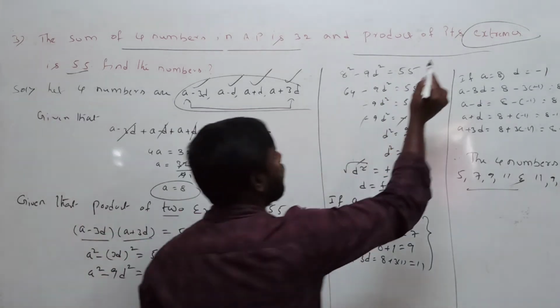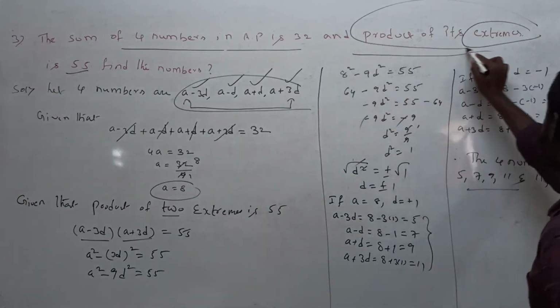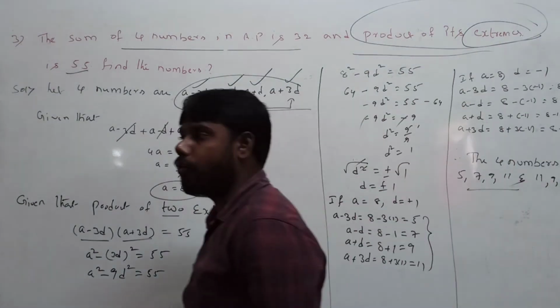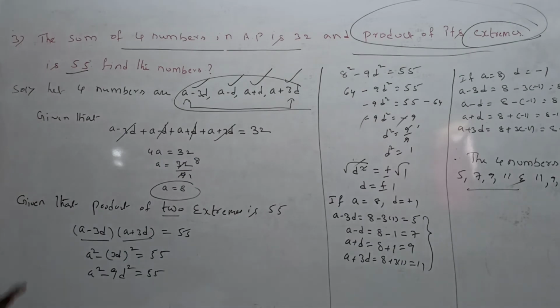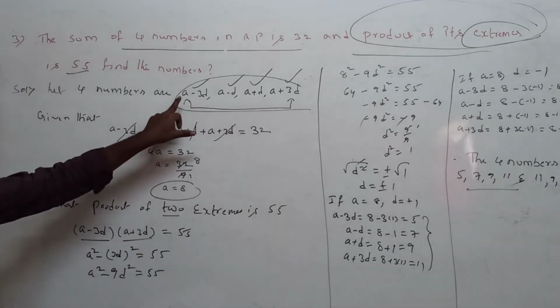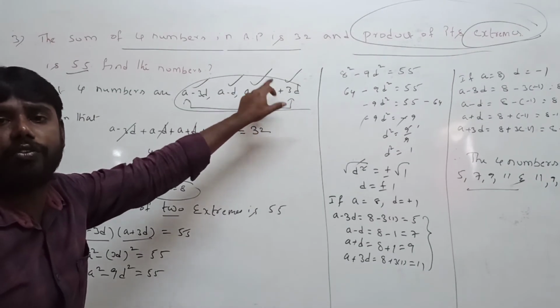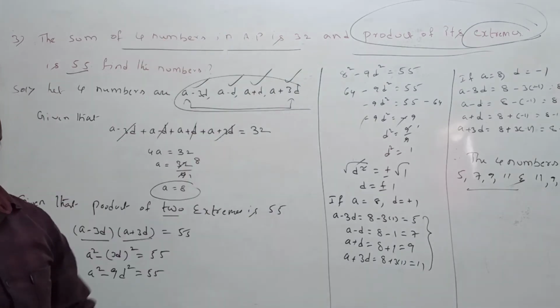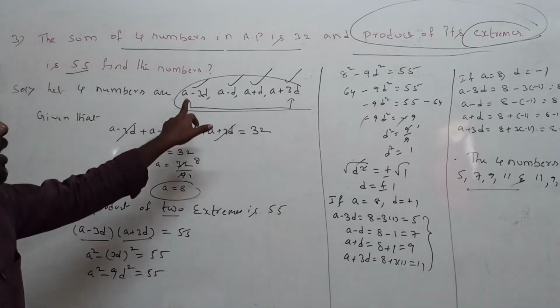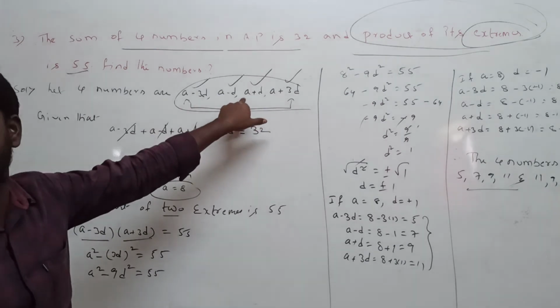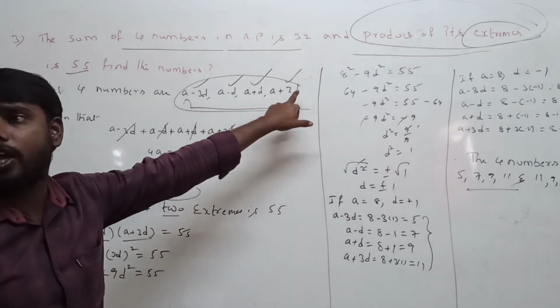Now what are they given? The product of extremes. They are not asking the product of all the elements, they mentioned the product of extremes, which means the product of the first element and last element. We are assuming the 4 numbers are a minus 3d, a minus d, a plus d, a plus 3d.